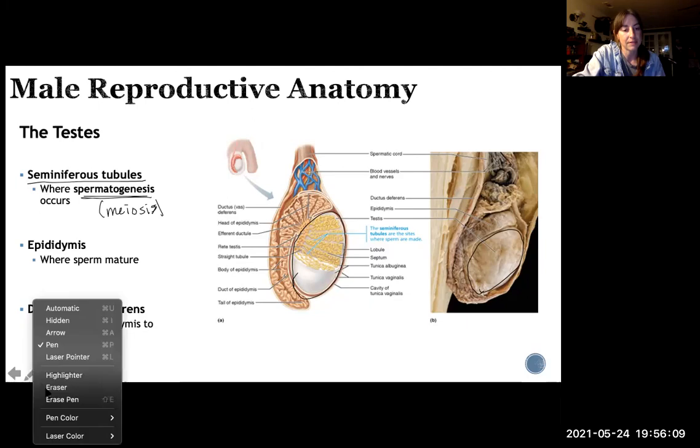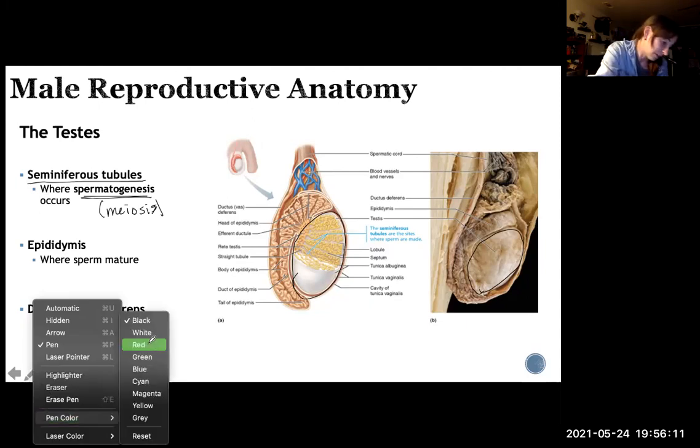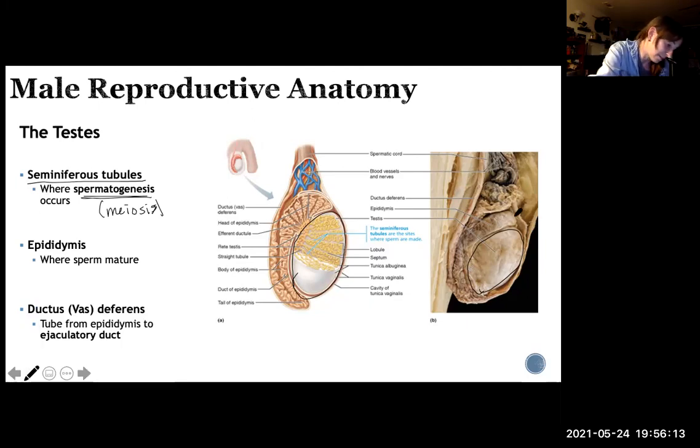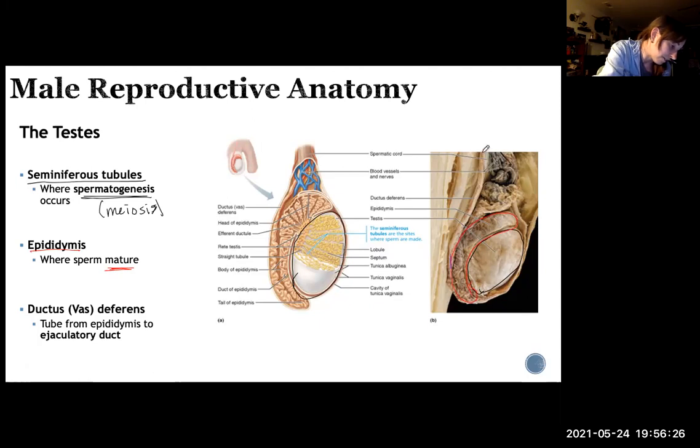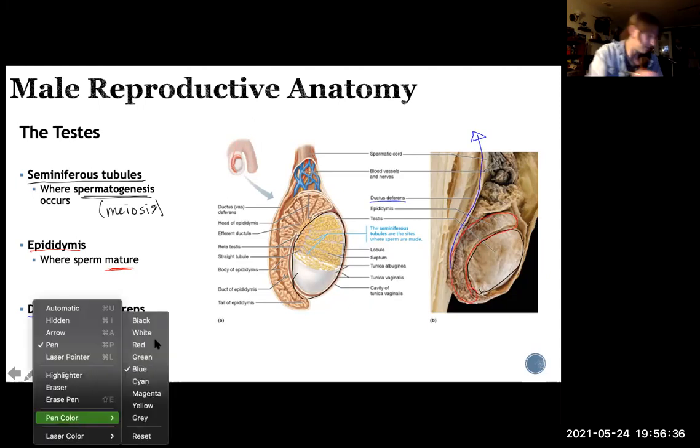The epididymis is this part wrapping around the outside. This is where sperm mature. And the epididymis connects to the vas deferens. It is going to carry that sperm all the way up and around and out.